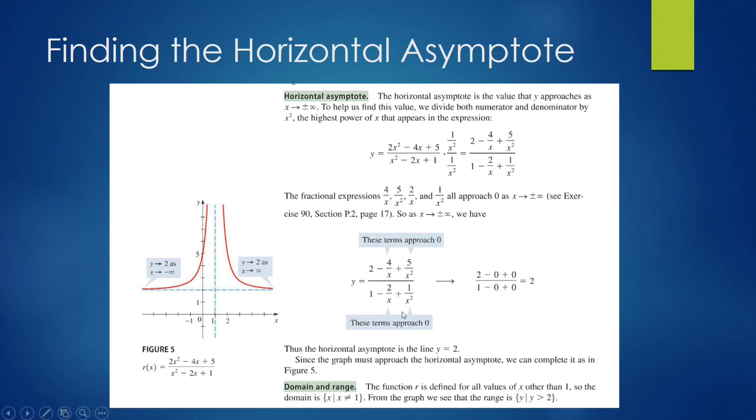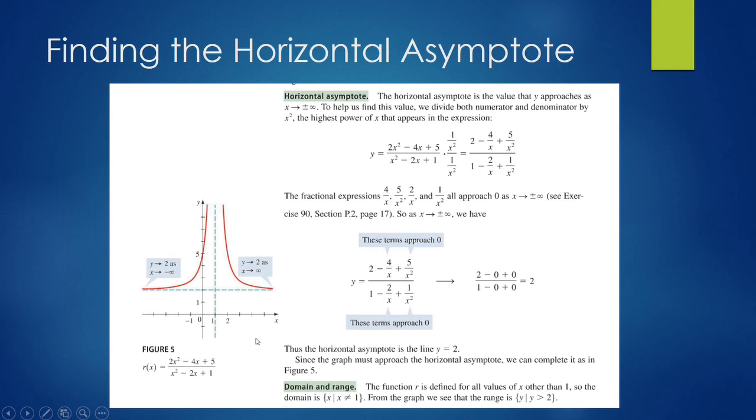So in these terms, they approach 0. So the horizontal asymptote is going to be 2. So that gives me my 2. And now I've got my horizontal and my vertical asymptote. Then you would grab some additional points to show how it approaches 2, and plot them and connect your points to get the rest of your graph.